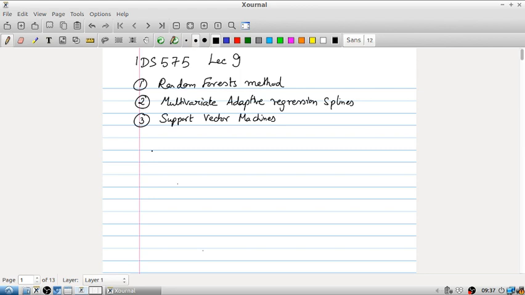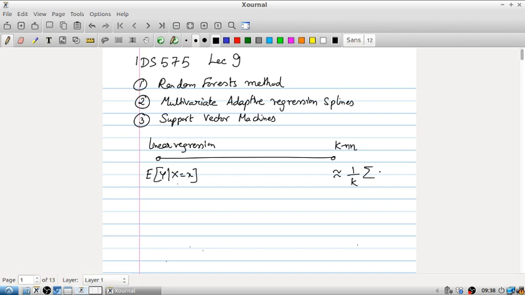And just to give a big picture, we started the class with KNN on one side and linear model, linear regression, on the other side. The linear model was making a strong assumption that the expectation of y given x is linear in x. And KNN was approximating this using an empirical average, basically 1 over k times the sum of yi such that xi is one of the k nearest.